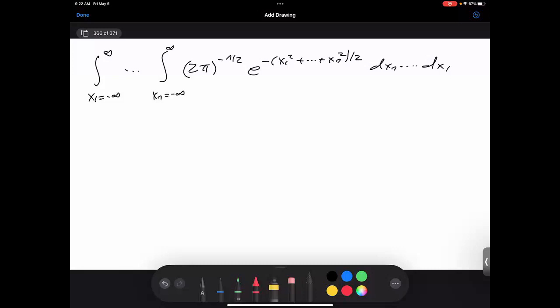So what have you seen that looks similar to this? There are 2 things you've seen that look similar. What are your thoughts?